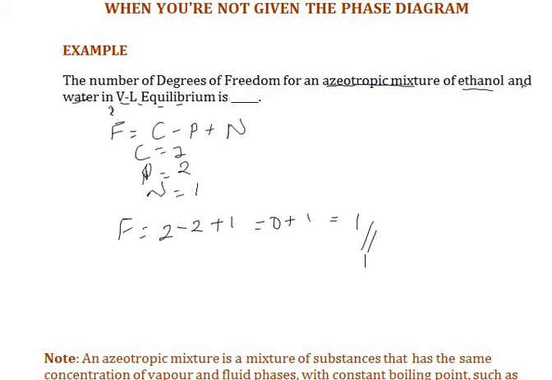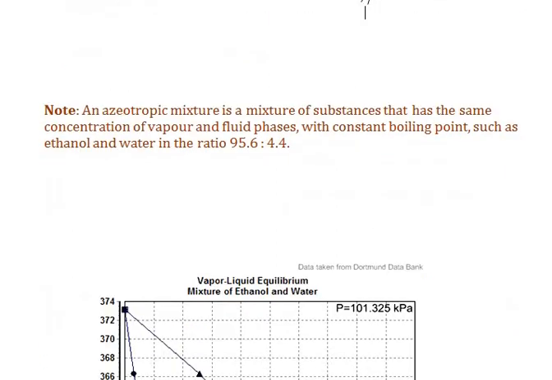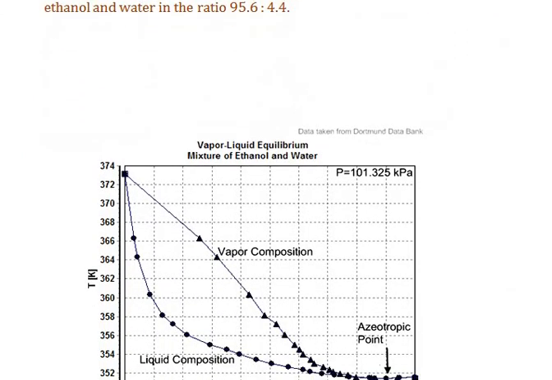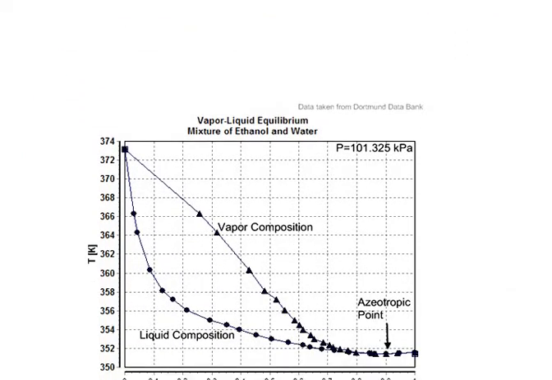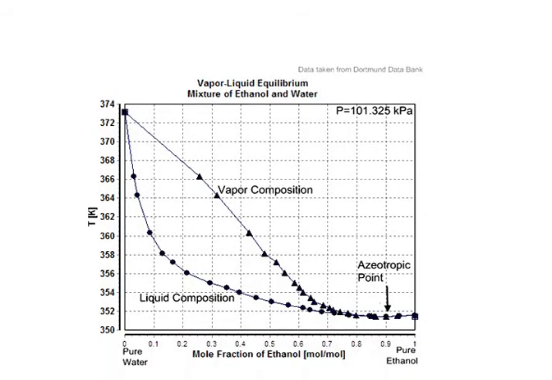Meanwhile, let me just show you a brief peek at what the phase diagram of a typical mixture of ethanol and water at vapor liquid equilibrium looks like. This data was taken from Dortmund Data Bank, and it shows a plot of the temperature in Kelvin against the mole fraction of ethanol in mole per mole.